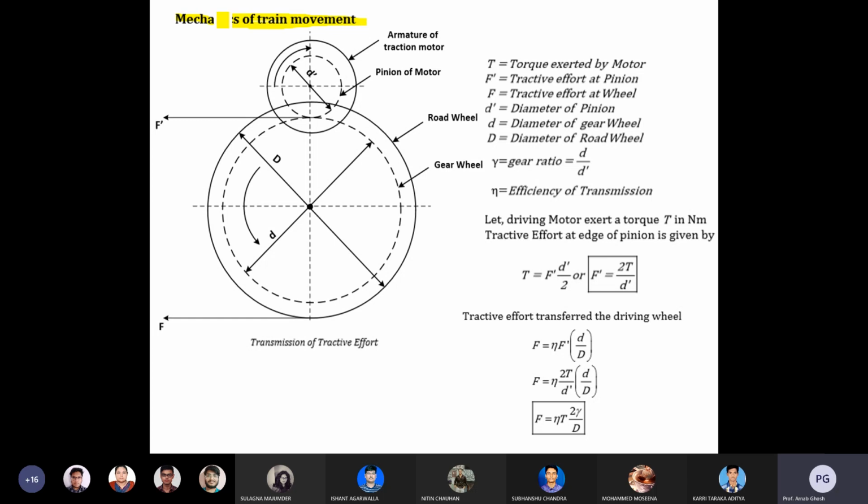Initially you have to work against the potential inertia, and when it is starting, against the kinetic inertia. So you have to provide the sander, which works along with the braking system. Sanding continuously on the track provides additional friction force.